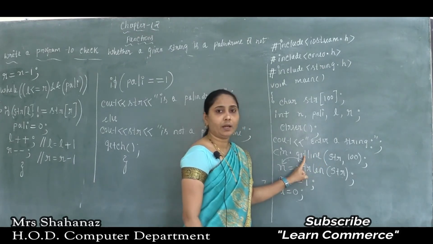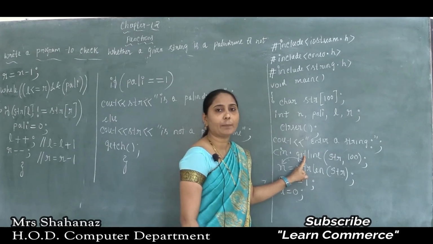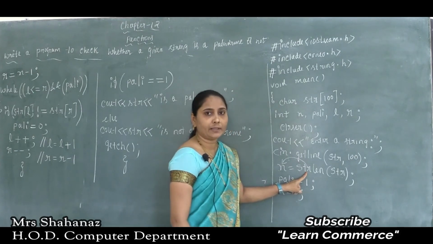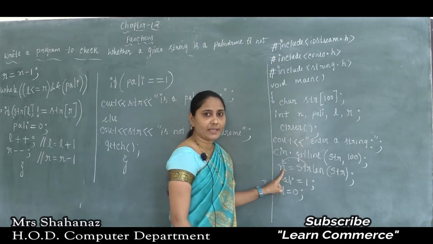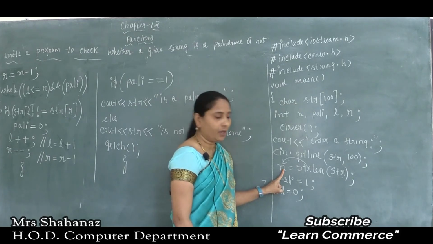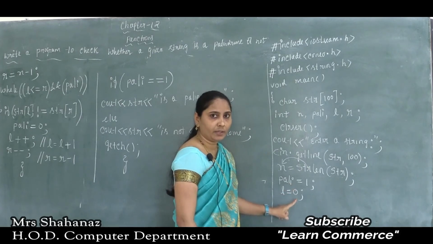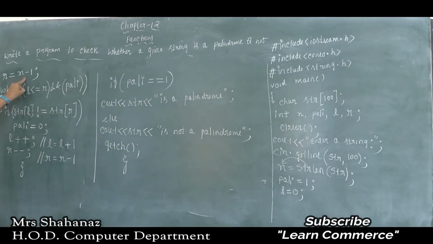You need to enter some string through the keyboard, for example madam. Then first it finds the length of the string, and the string length is initialized into the variable n. Then we initialize Pali is equal to 1, L is equal to 0, all those are initializations, R is equal to n minus 1.